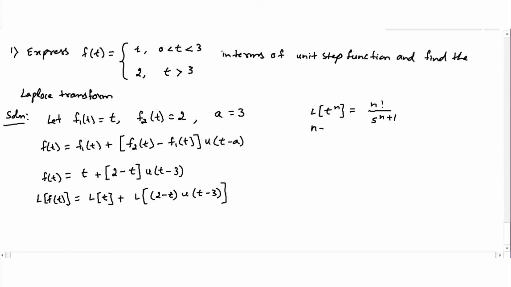In this case the value of n is equal to 1. So Laplace transform of t will be 1 factorial divided by s power 1 plus 1, so it is 1 divided by s square. We need to find this particular Laplace transform, so I'll keep it as it is here and calculate it separately. I'll take this as equation number 1.